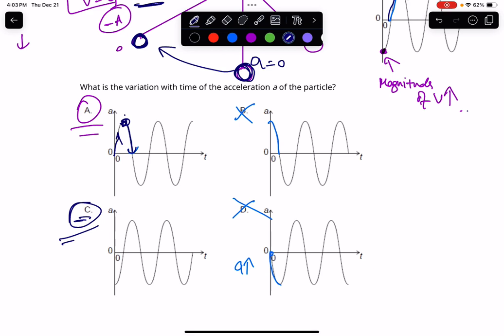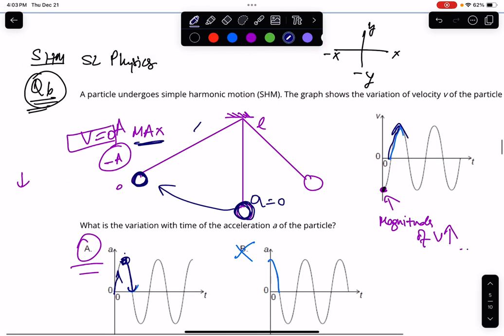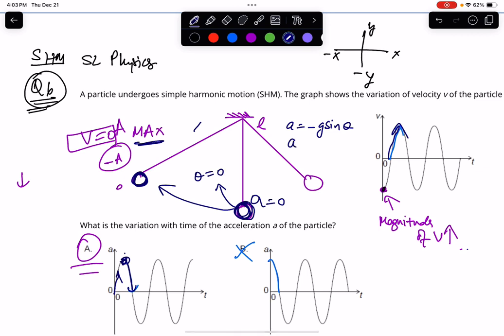So that's why the acceleration should start at 0 and not here. So this is taken care of. Okay? So this is because the acceleration in a simple pendulum we have found is negative g sine of theta. At the equilibrium, the theta ends up being 0. So acceleration is just negative g sine of 0, which is 0 meter per second squared. Okay?